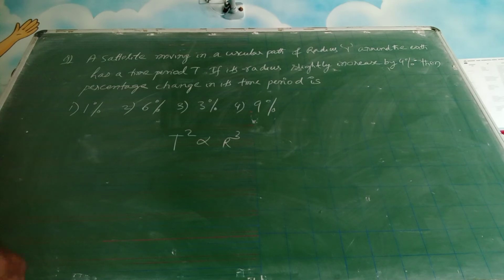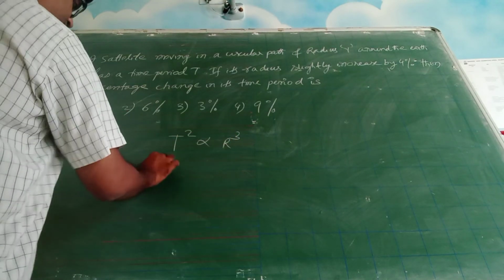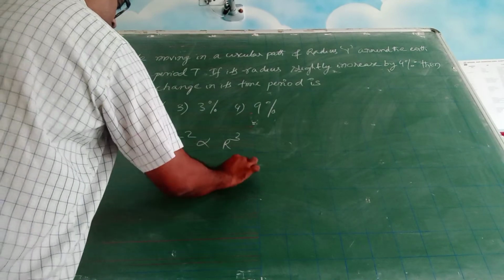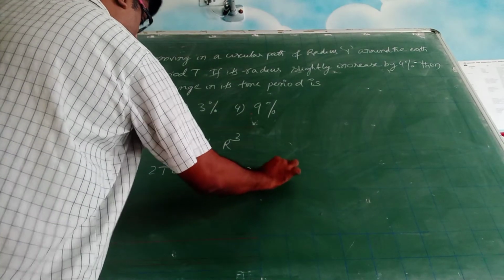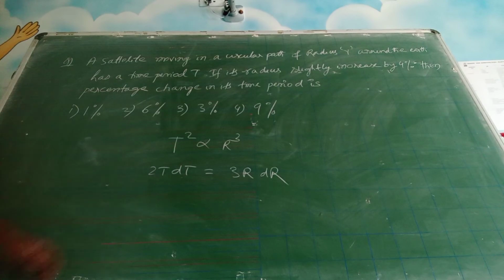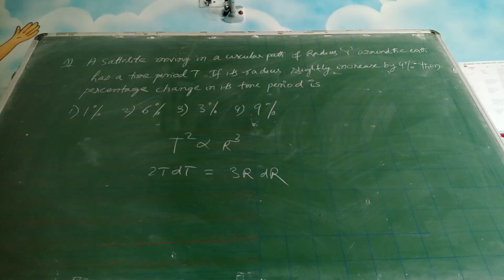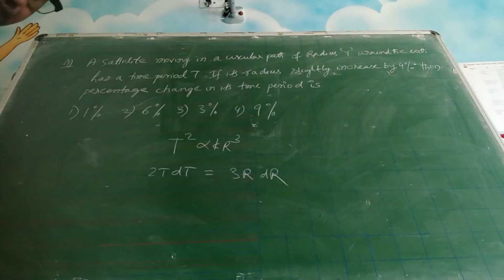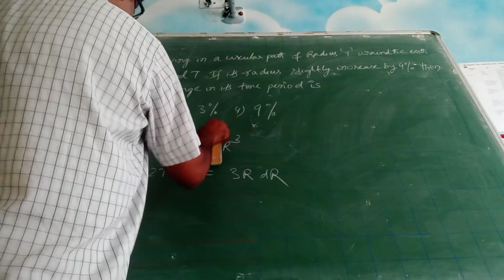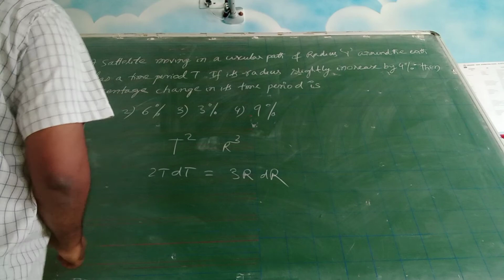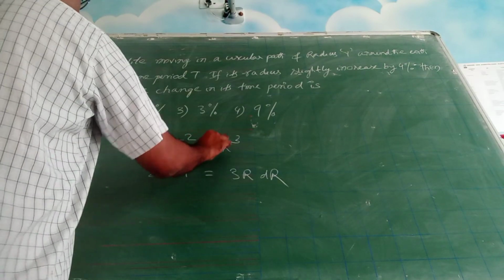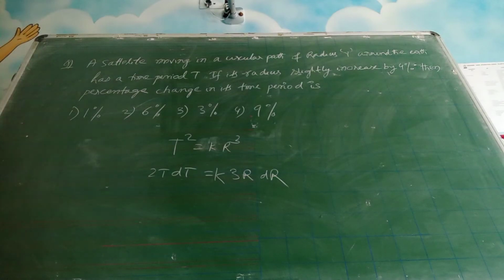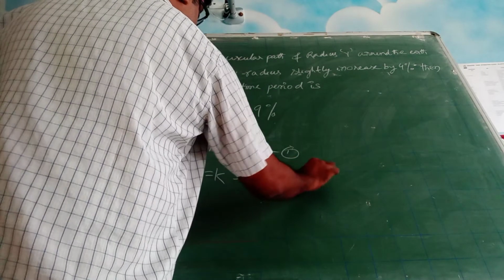Alright, so if you differentiate both sides, you get 2T dT is equal to 3r square dr. If there is a constant of proportionality, it will be the same for both. So I put some constant k here. When you are saying T square is proportional to r cube, T square must be equal to some k r cube, so that k will be there here also. So this is equation 1 and this is equation 2.